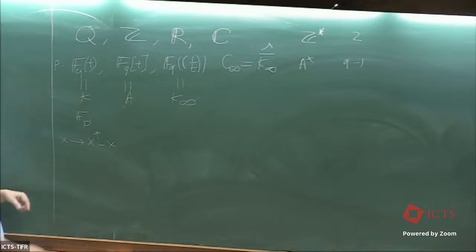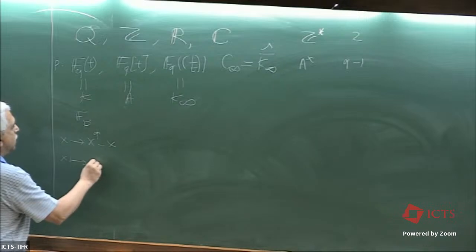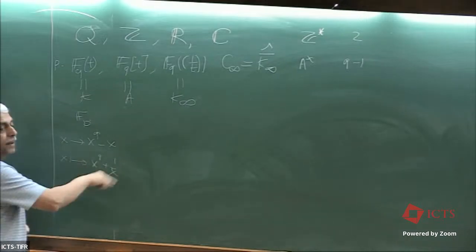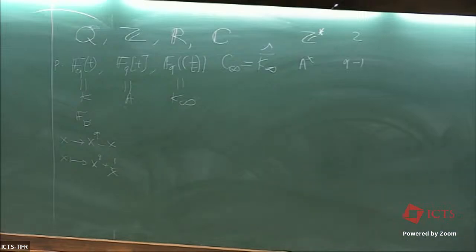And then 0 and infinity, you can kill by x goes to x^(q+1) over x. So Abhyankar wrote this down. This was again in the Bourbaki seminar; Katz thought that he had independently discovered it, but then he realized, actually, I told him, in fact, that this was done by Abhyankar in 1957.